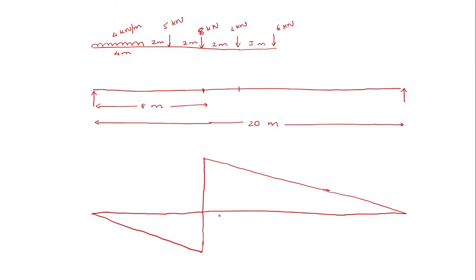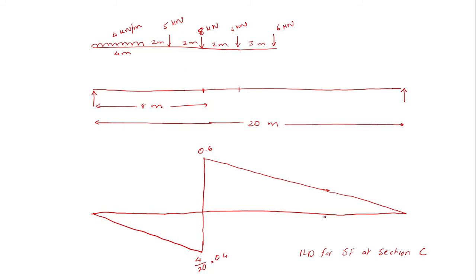Now this is the corresponding ILD for shear force at section C. This distance is 8 meters and this distance is 12 meters. So this corresponding ordinate, as you know, is a by L, that is 4 divided by 20, that will give me 0.4, and this will be equal to 1 minus 0.4, that is 0.6.